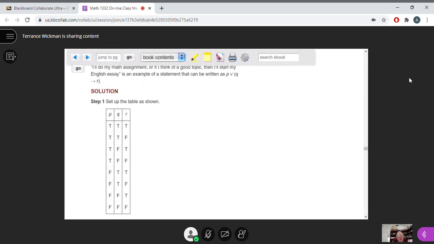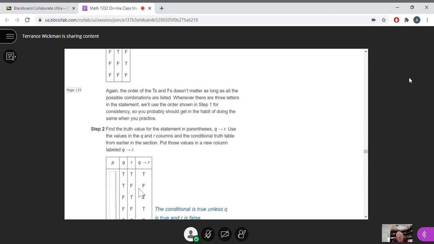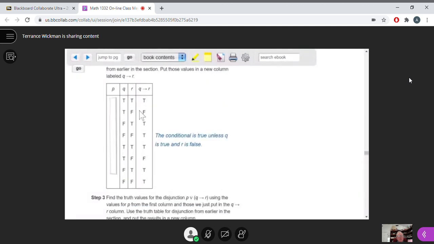True, false, true, false, true, false, true, false, so on. And the Q and R, the table says that unless the first one is true and the second one is false, it's false.